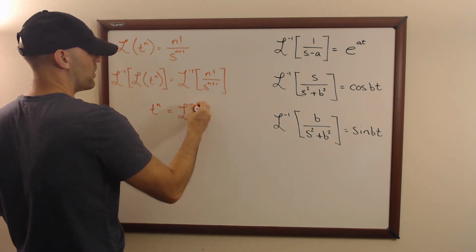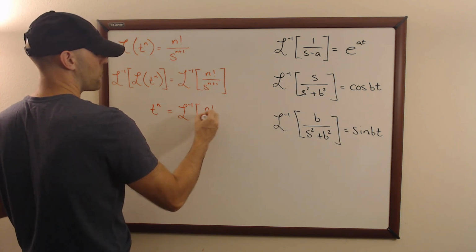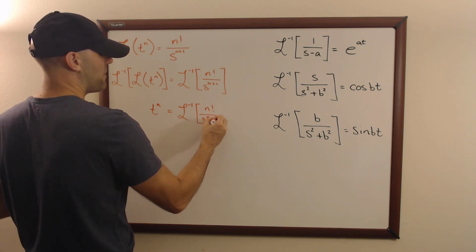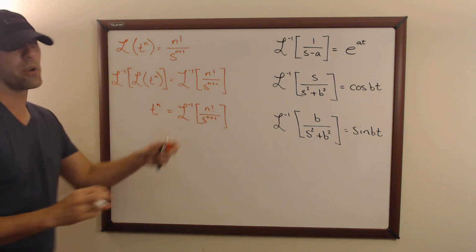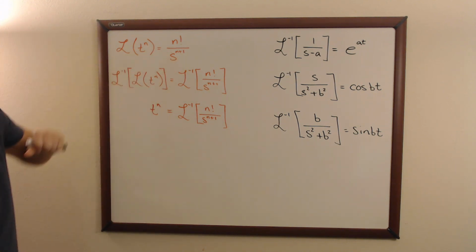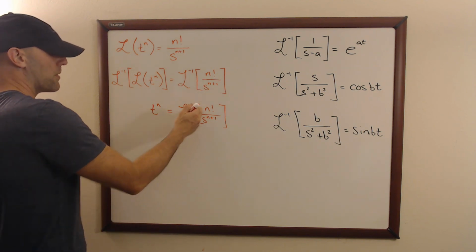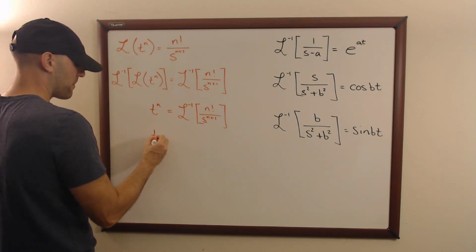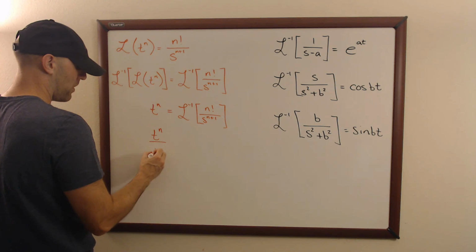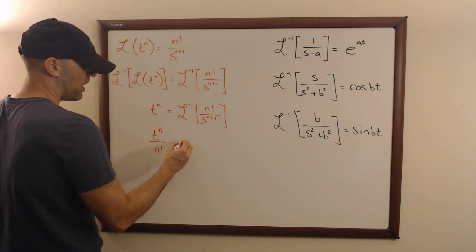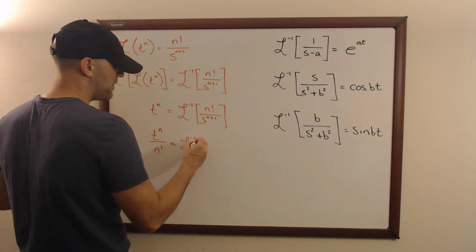And I know that this is a linear transformation. Remember, n is fixed, right? n is not a variable. n is fixed, so I know that n factorial is a scalar. It's some number. Let me go ahead and divide both sides by that. And I get t to the n over n factorial is equal to the inverse.